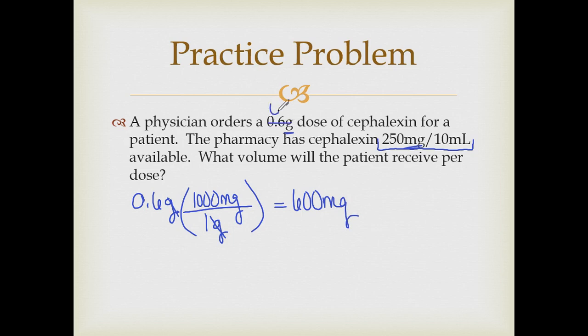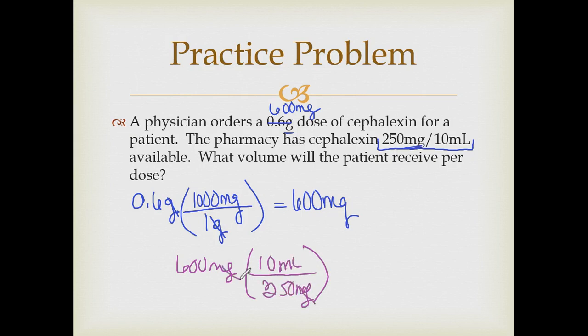So my dose is 600 milligrams. Now I can go ahead and solve. So I'm going to take my 600 milligram dose and multiply that, and for every 10 mLs I'm getting 250 milligrams. My milligrams will cancel, so I have 600 times 10 divided by 250, which will give me 24 milliliters.